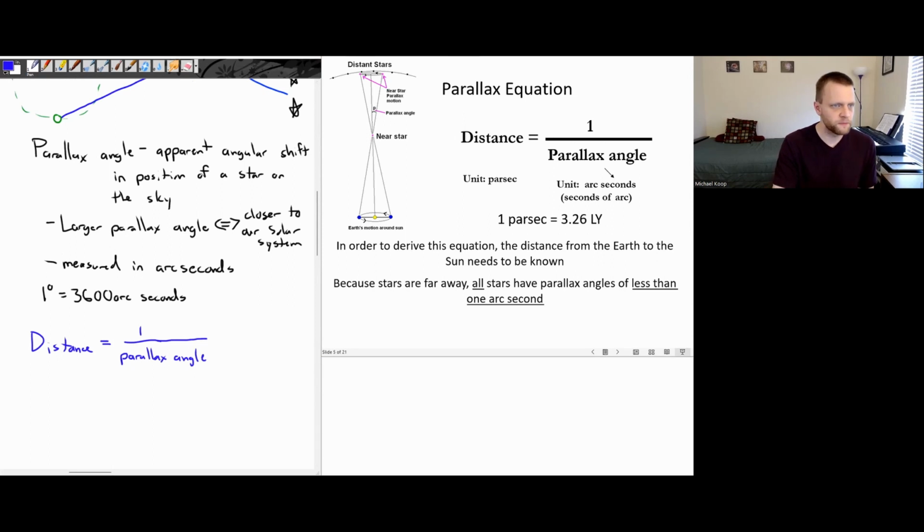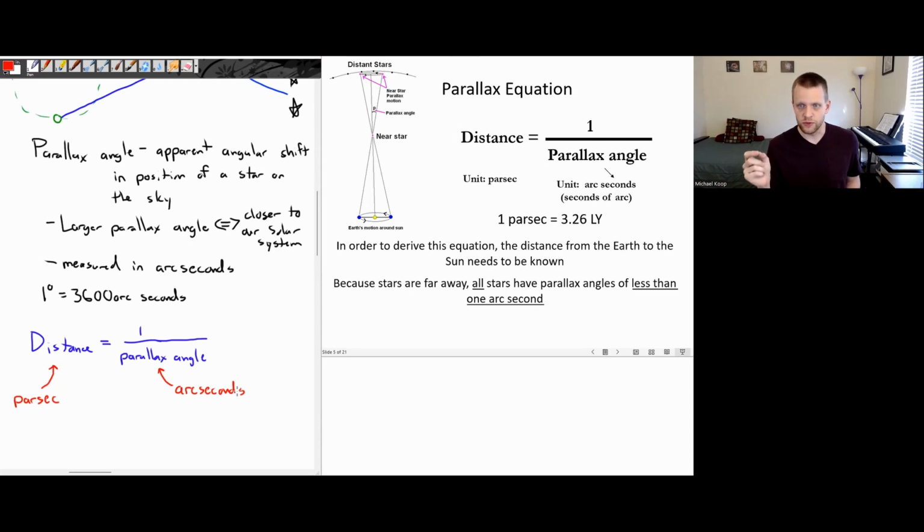Now, there are a couple of important parts of this. When we're using this equation, the distance is in a unit called a parsec, and the parallax angle is measured in arc seconds. So whenever you're using this equation, the distance must be in parsecs, and the parallax angle must be in arc seconds.